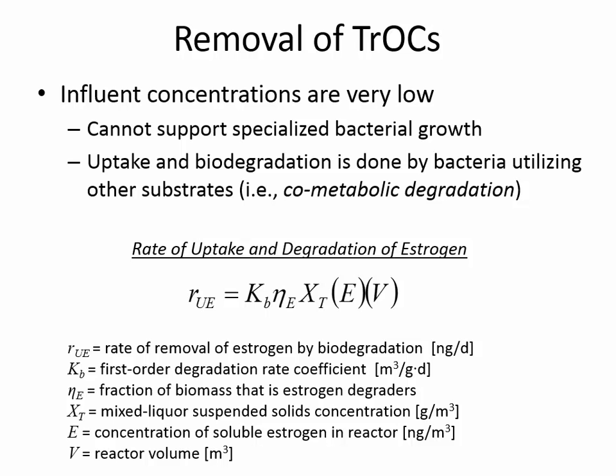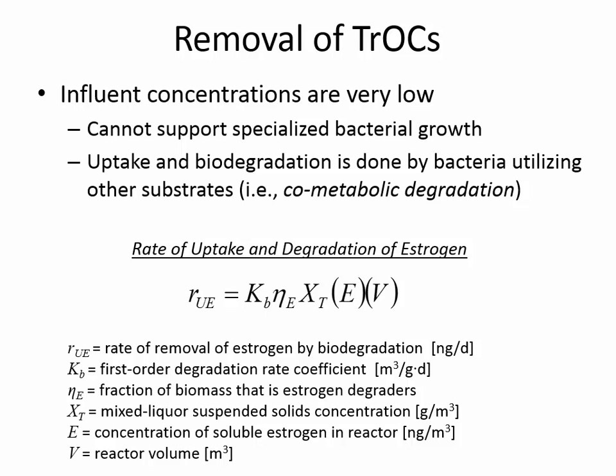So the book gives an example of how you could estimate the rate of estrogen uptake, and what it would depend on is partly how many estrogen degraders are in the wastewater.